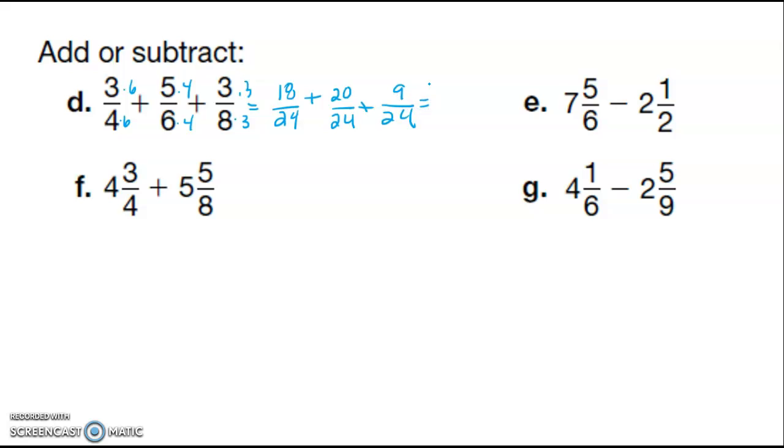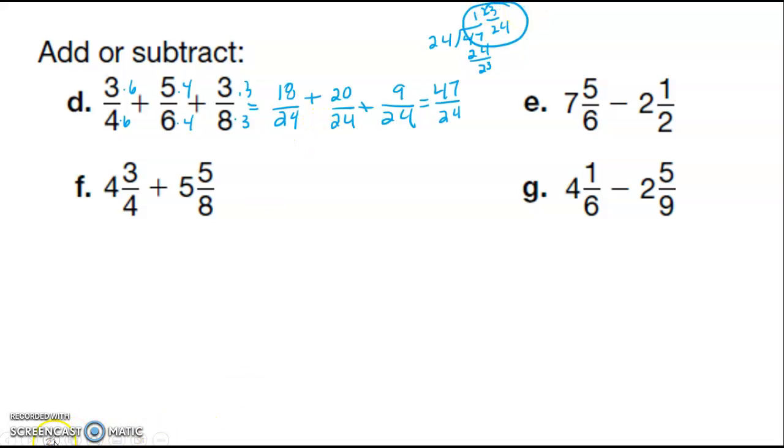Now I'm going to add 18, 20, and 9. 18 plus 20 plus 9 gives me 47 over 24, so if I divide that, that's only going to go once. Gives me 1 and 23/24, so that's my answer.